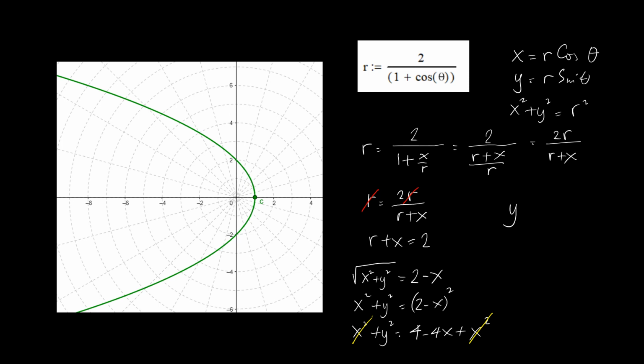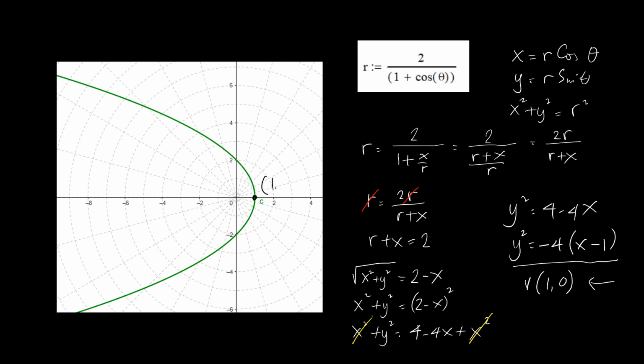So what remains? y squared equal to 4 minus 4x, or y squared equal to, let me factor negative 4, so that will be x minus 1. And we recognize this as the equation of a parabola with vertex at (1, 0), and since it is negative, it is opening to the left. And that is exactly what we have here, a parabola with vertex at (1, 0), opening to the left.